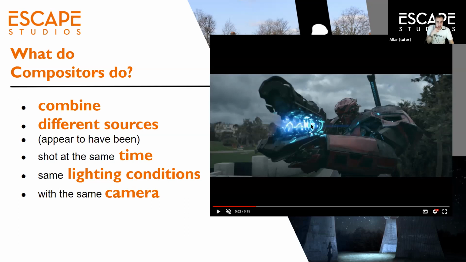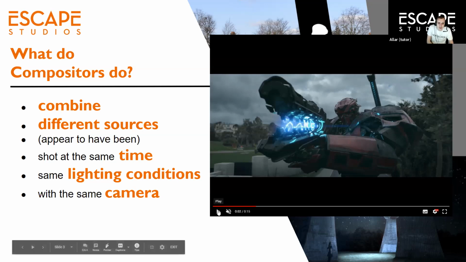If there's a flash happening here, we want this flash also on these highlights over here. This is something that, if it's made in 3D in the first place, will happen naturally, but all the elements aren't always made in 3D.